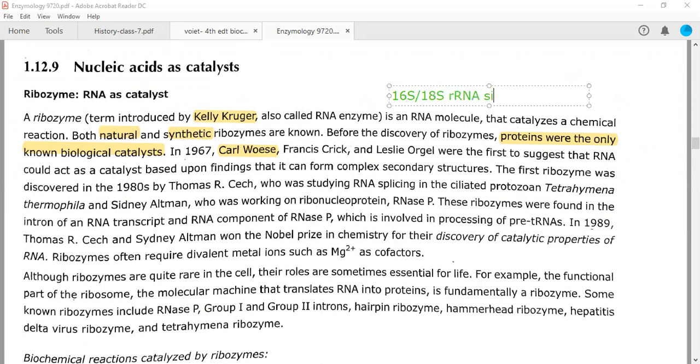These are called signature sequences, and this is ribosomal RNA.